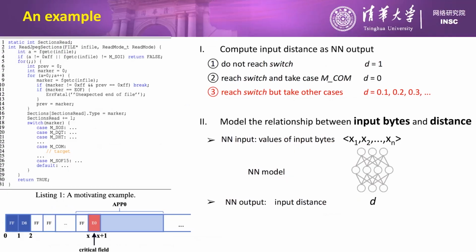Then we model the relationship between input bytes and distance using a neural network model. We set the values of input bytes as the input and the input distance as the output. Since we assign different values to different other cases, even if we don't have a zero-distance input, we can probably find the marker byte, which causes the different values between 0 and 1 when taking other cases.